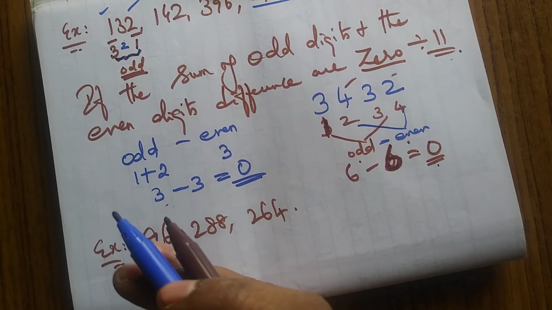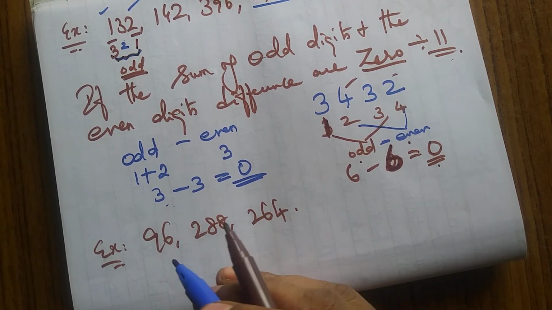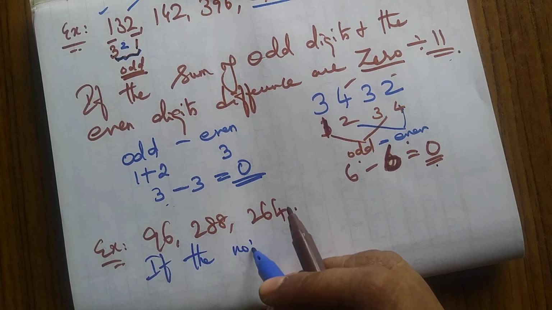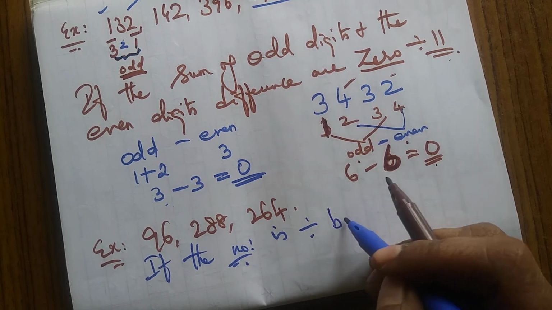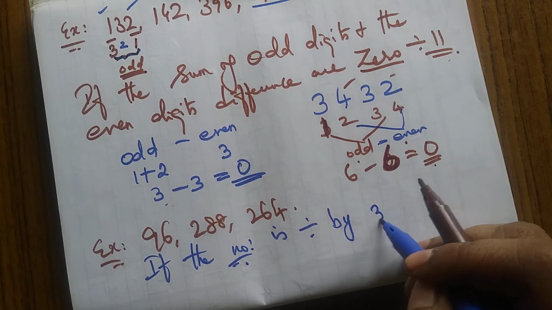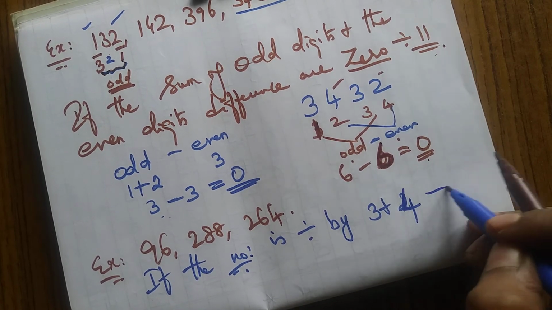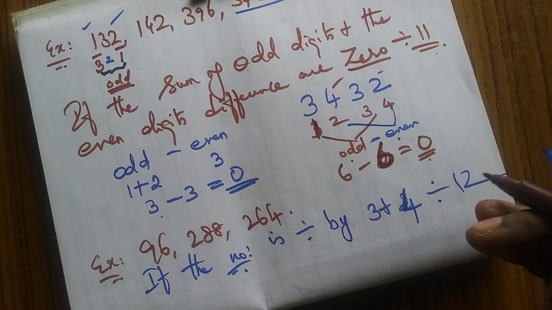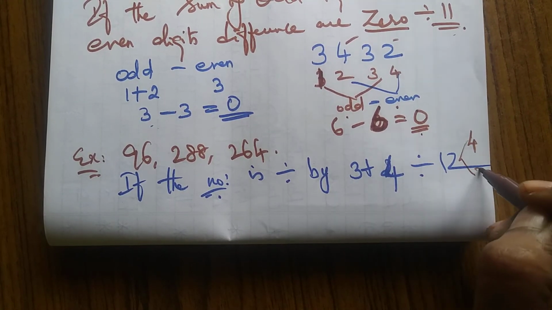For this you just need the rule: if the number is divisible by 3 and 4, then it is divisible by 12, because the factors of 12 are 4 and 3.